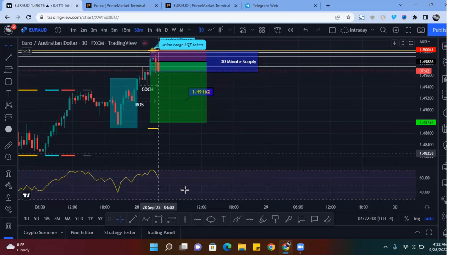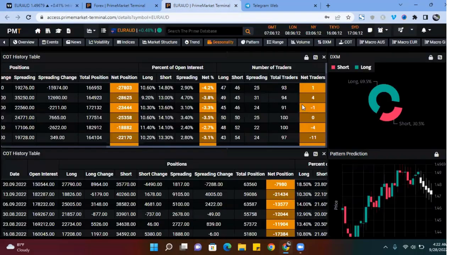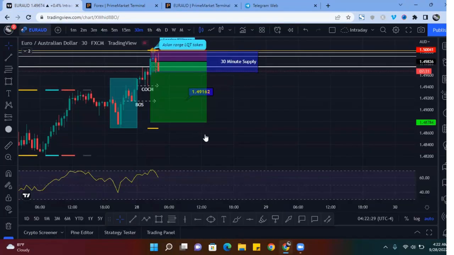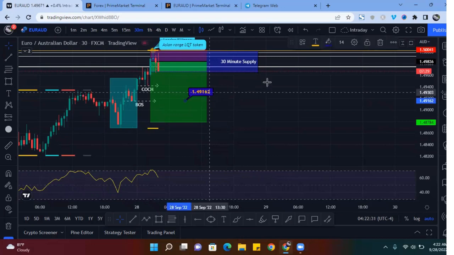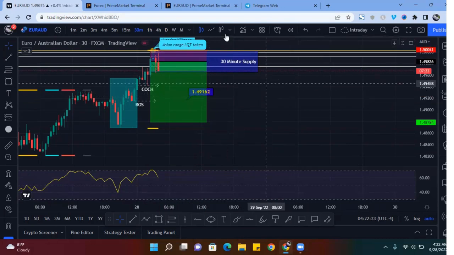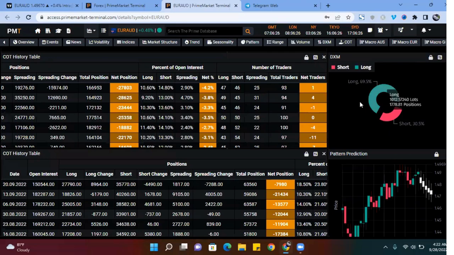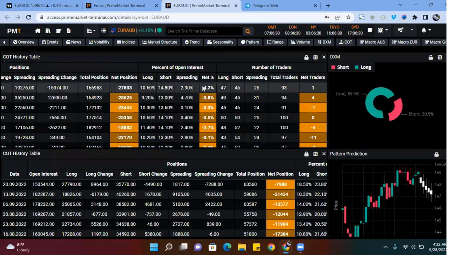And then on top of that, we have 149.162. We had a Prime Market Terminal predicted level for today. The high was going to be 149.162. It states so. It was 149.162 right here, and it traded above that. That ended up being liquidity. 69.5% of retailers are buying this pair. Banks are net short.